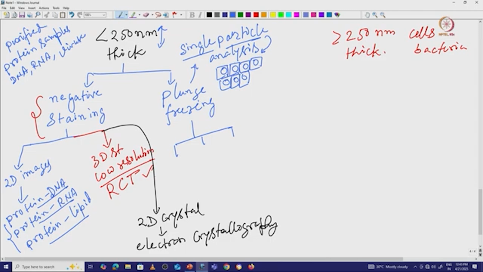So, this plunge freezing method we can use for single particle analysis for any protein sample where we have single particles.